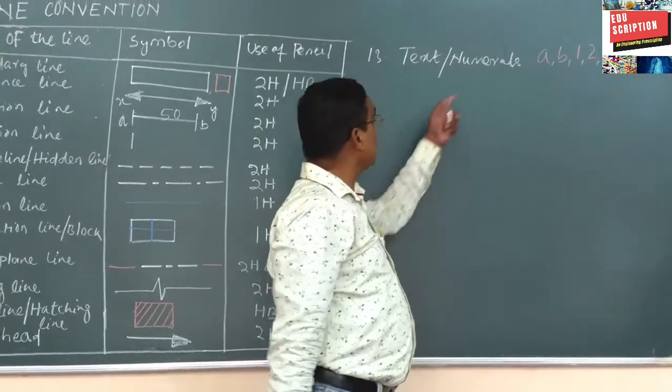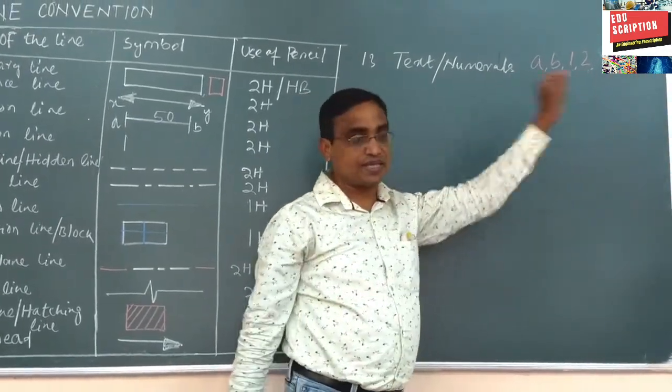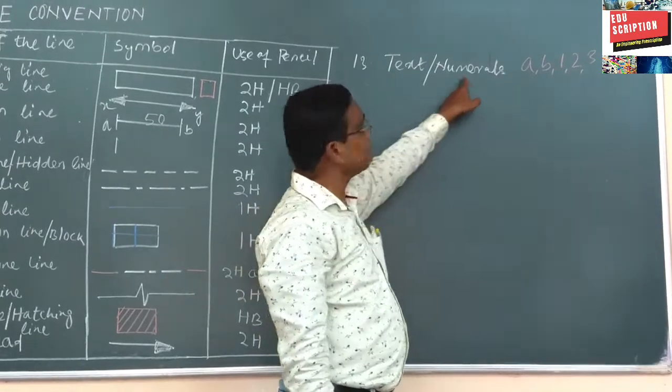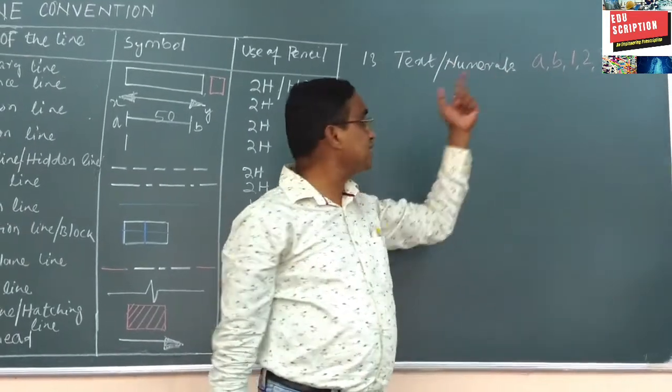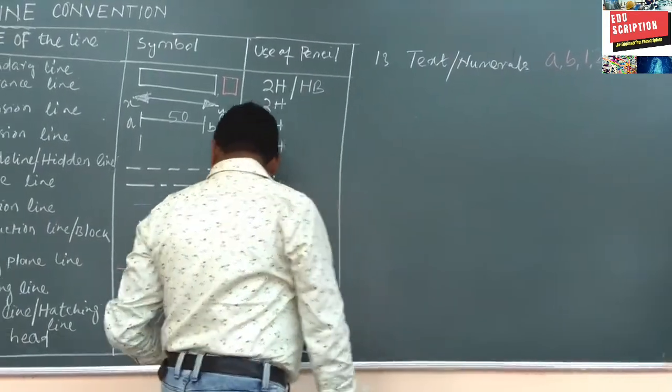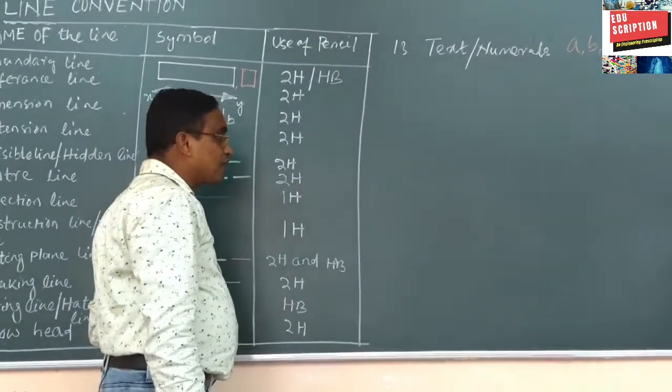If you want to write any numerals or alphabets, use your HB pencil. That is called text or numerals. That is 32 point. And how will we draw the arrowhead?